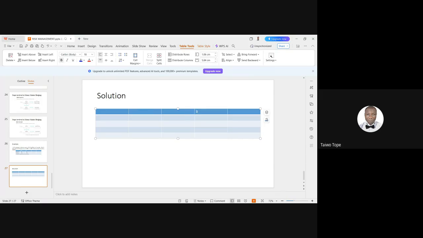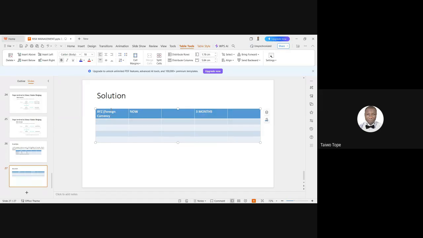So we have 3 months. Here, I will say we have now SYZ, foreign currency.